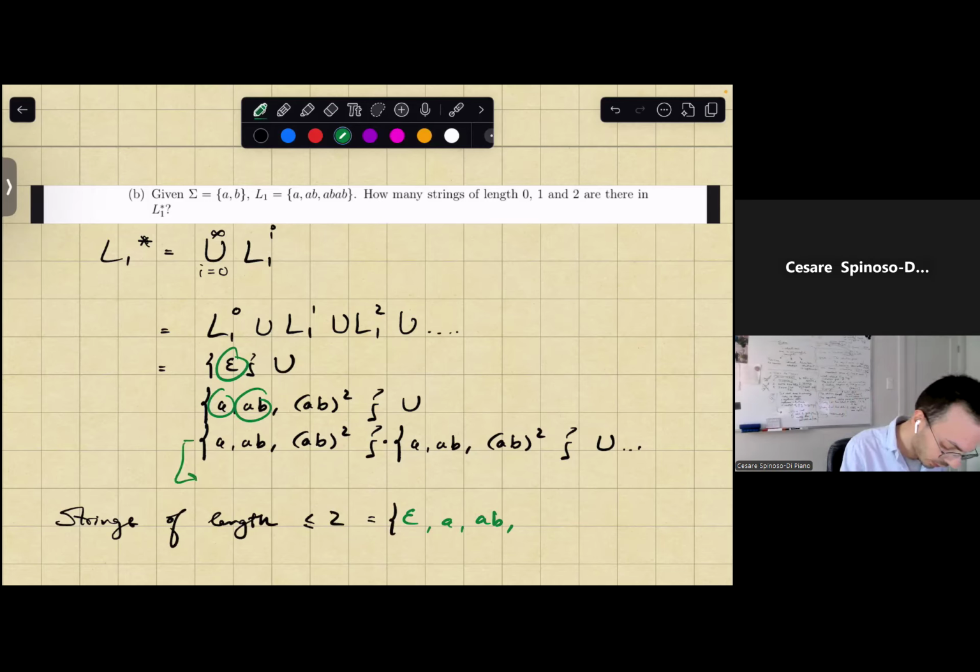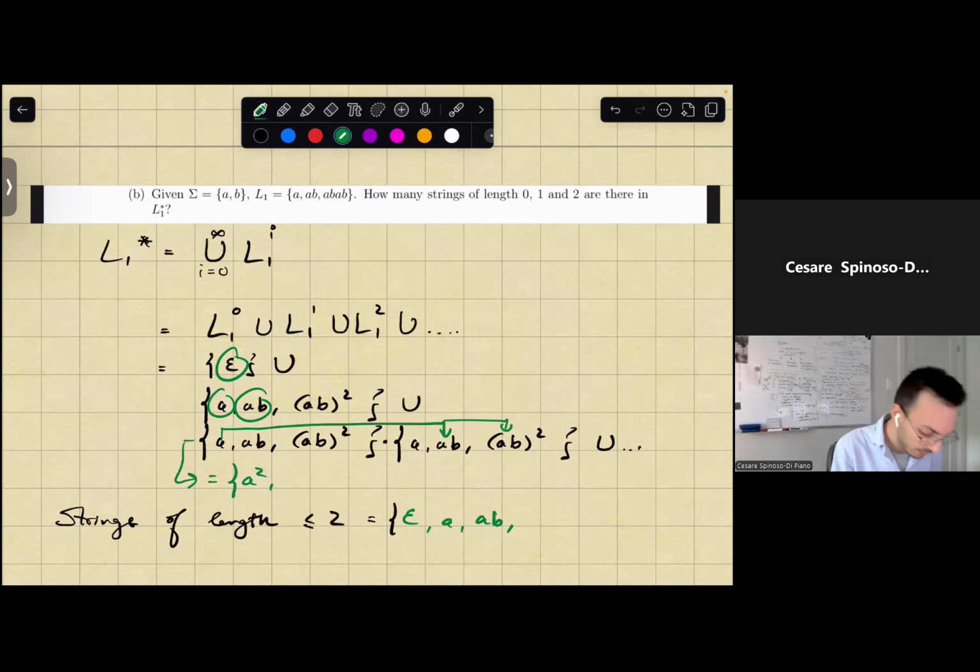Then here, I actually do have to do the operation, at least in part. So A and A is going to give me A squared. Then A is also going to concatenate with AB and AB squared, but those are strings of length 2 and 4. If I'm concatenating them with a string of length 1, I'm going to get strings of length 3 and 5, so I don't even care what the result is.